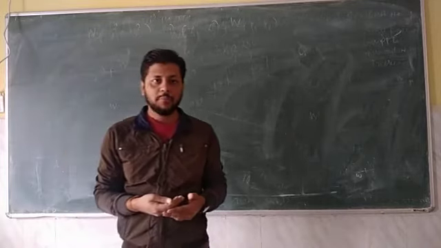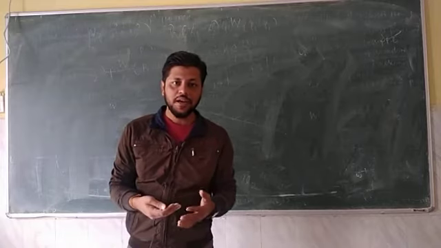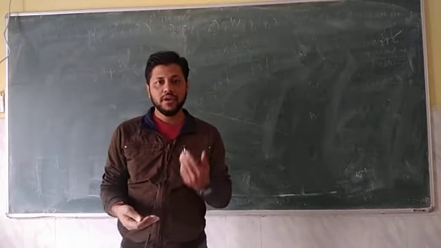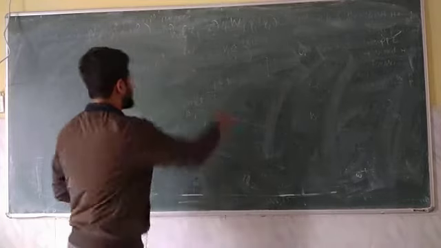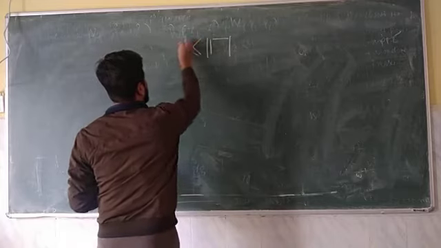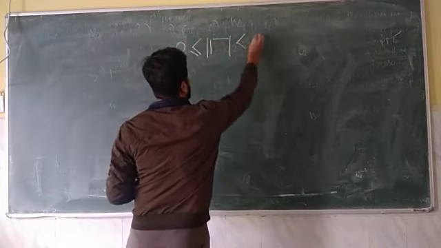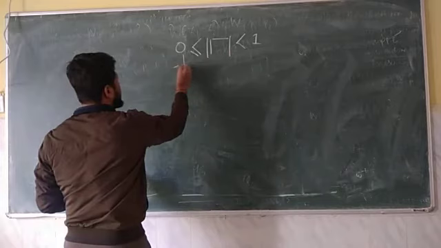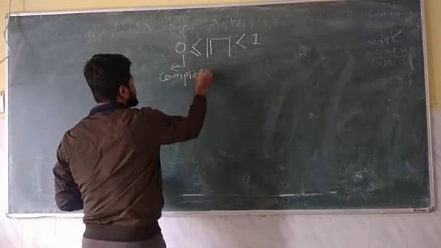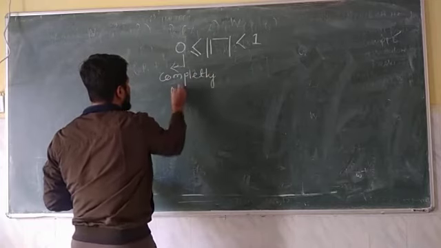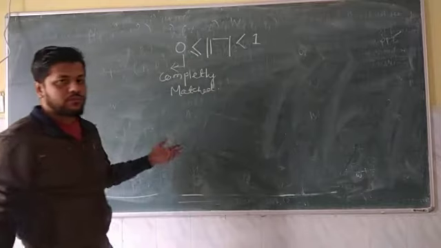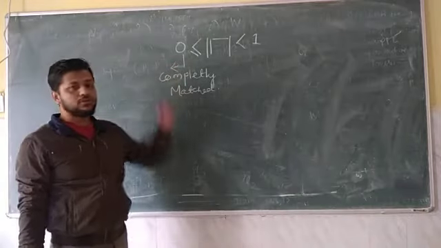The condition for complete mismatch is when the reflection coefficient gamma is equal to 1, and the condition for completely matched is when gamma is equal to 0, that is, the gamma magnitude must be 0. So this is your condition for completely matched, that is no reflection, that's why gamma is equal to 0.